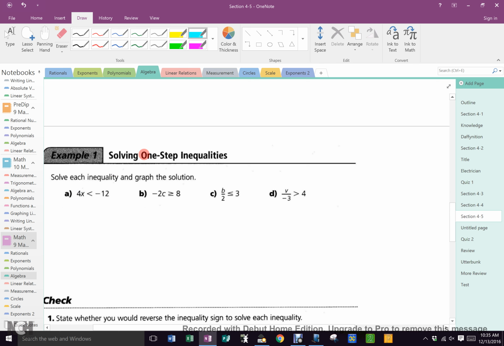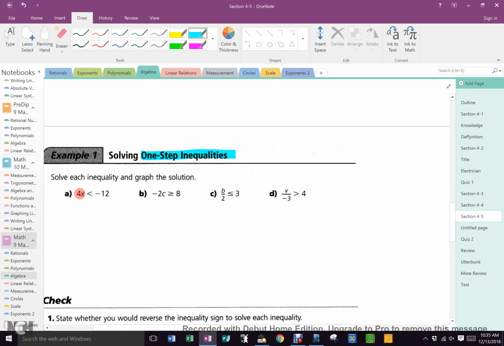So, these are only one-steppers. All that means is we only have to do one math. Okay? What's our job anytime we see an X, or a Y, or a Q, or a P? We're not trying to get rid of it. We're trying to get it by itself. To do that, we got to get rid of everything around it, right?